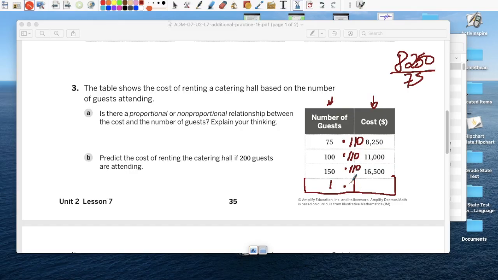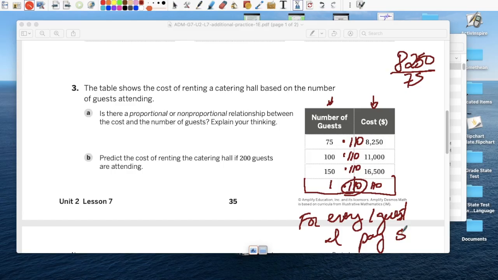If I had one single person coming to my party, it'd be 110. So there's my constant of proportionality. What's my unit rate? For every one guest, I pay $110. So if they asked you what the $110 represents, it means the cost per guest. It represents the cost you're going to pay per person showing up at your party.